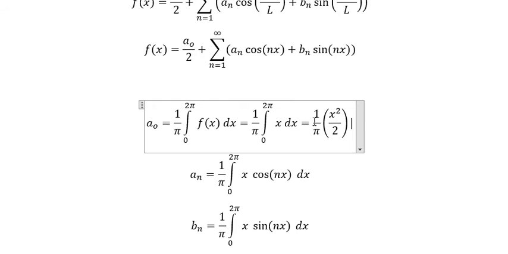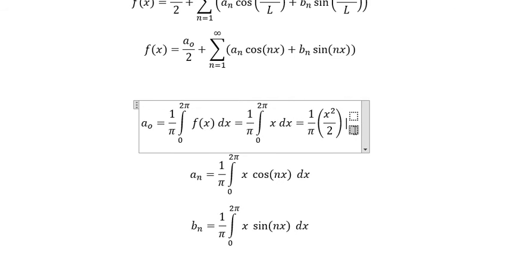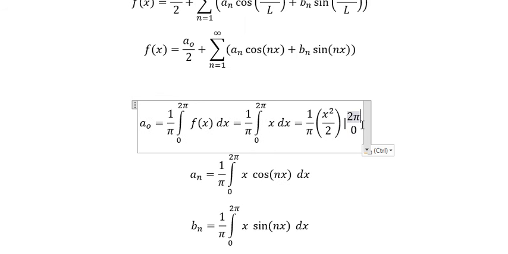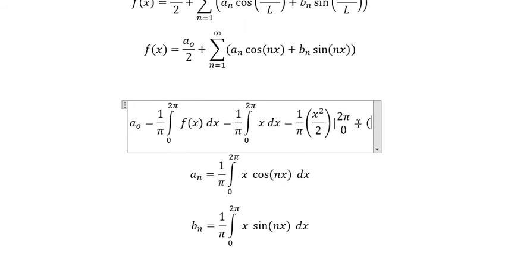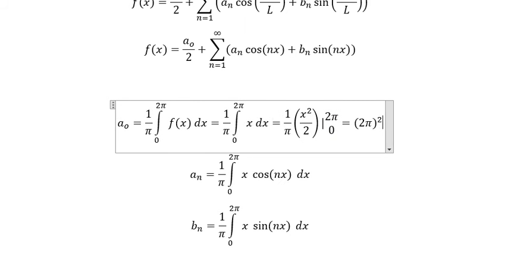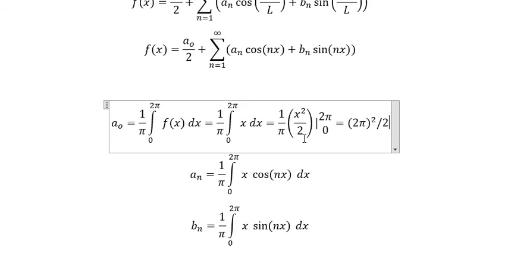And we put the bounds from 0 to 2b. And we have like this. So this one, we just have only 2b.